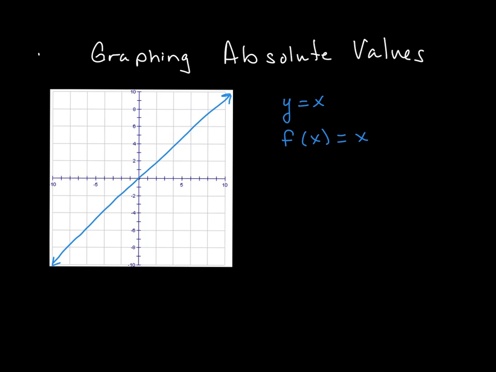Now, what you're going to do when you have an absolute value function is an absolute value function means that everything that is negative becomes positive. So for this, I would be saying y is equal to the absolute value of x, which basically means anything that is negative becomes positive, and what ends up happening is it becomes a V, and this x-axis acts like a mirror and just bounces it back up in the other direction.